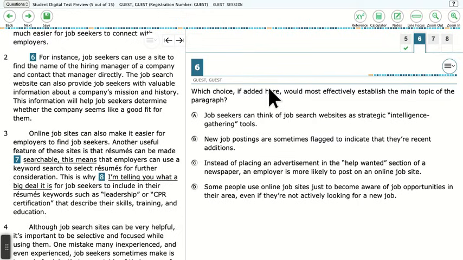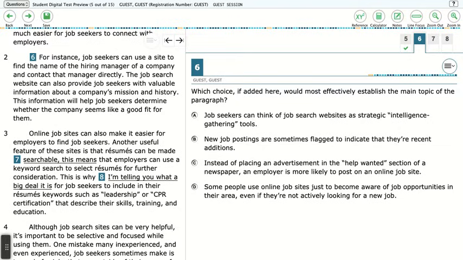So which choice, if added here? So if a sentence was added where the number 6 is, which one of these helps to establish the topic of that paragraph? We have A, job seekers can think of job search websites as strategic intelligence gathering tools.